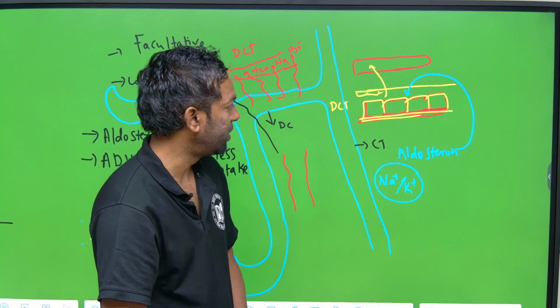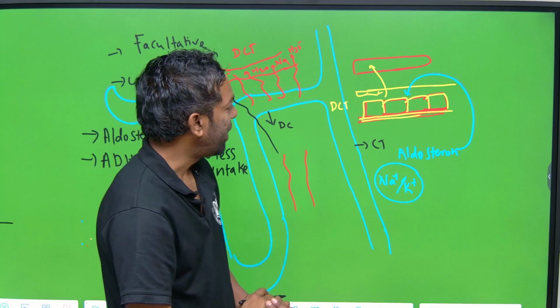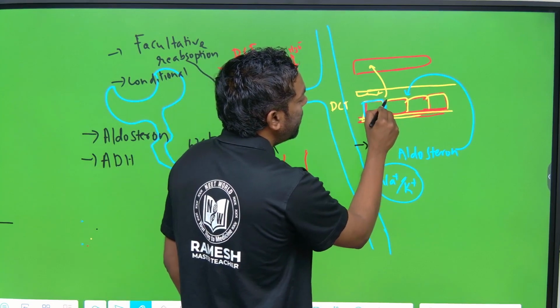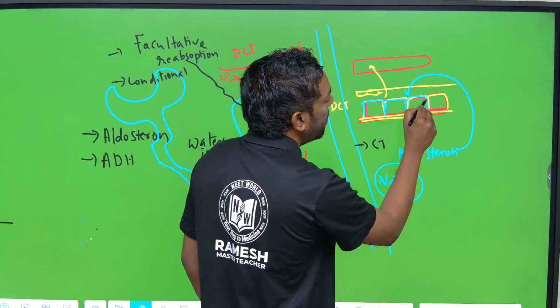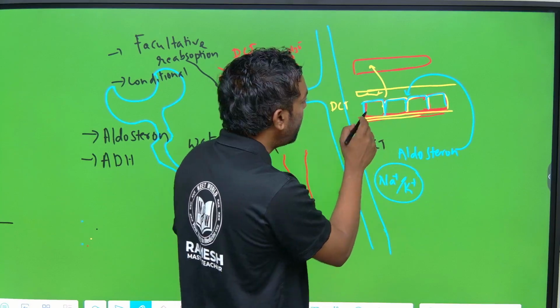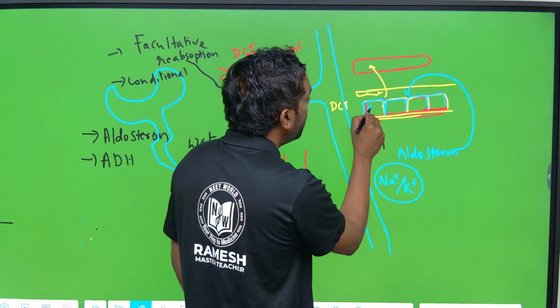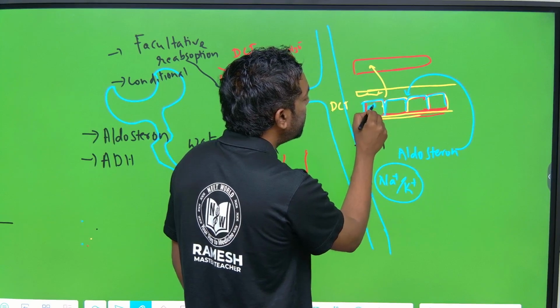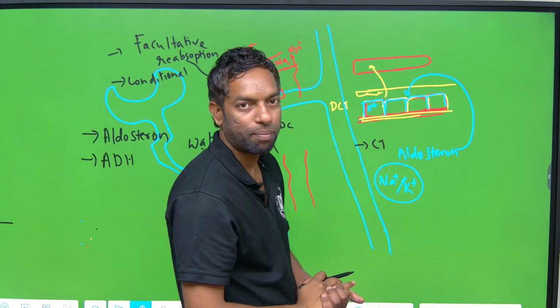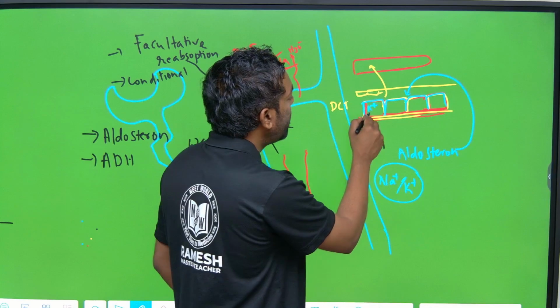In that way, this is the cell. The cuboidal epithelium cell has sodium and potassium in it.